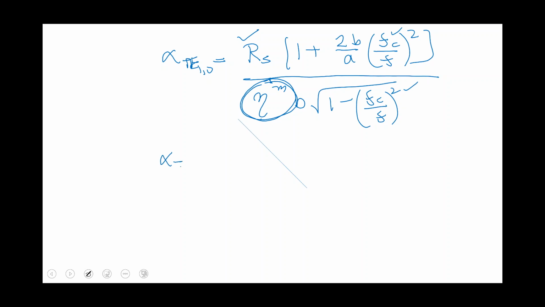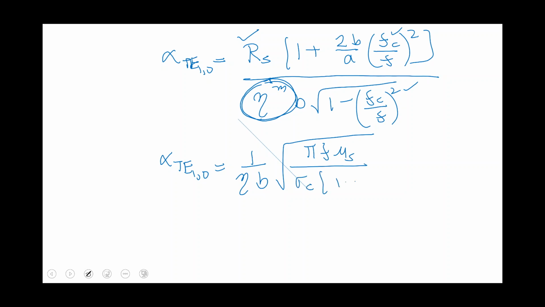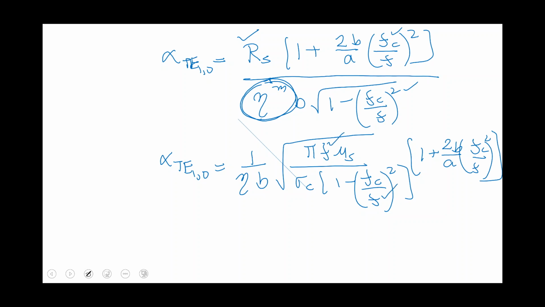So if you want to convert it all into frequency components, this just becomes 1 by eta b, square root of pi f mu by sigma, times 1 plus 2b by a (fc by f) squared, over square root of 1 minus (fc by f) squared. So you will have a term in f here, a term in f here, and a term in f here.